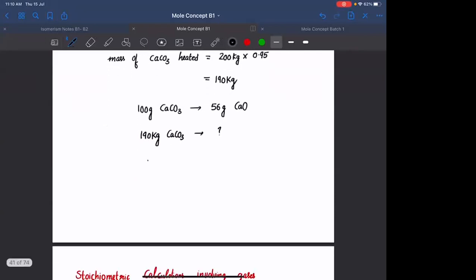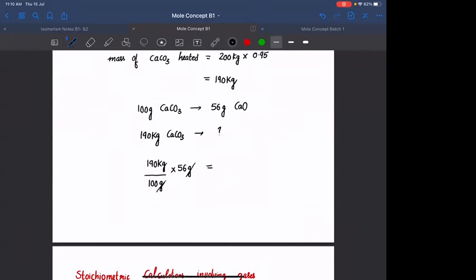How can we do it? This is 190 kg upon 100 grams. Substitute with units if you are confused. Into 56 grams. So gram and gram will cancel, and in the end the answer will come in kgs.